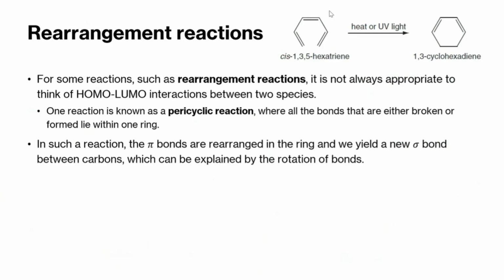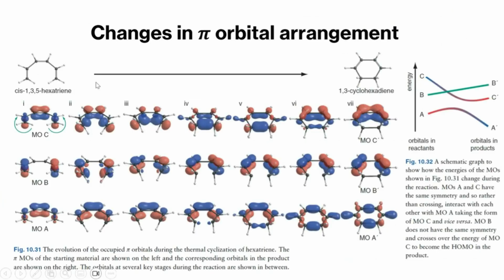Just to show you what I mean by the rotation of bonds, right here are changes in pi orbital arrangement. We have MOC, MOB, and MOA, which are various molecular orbitals on this molecule known as cis-1,3,5-hexatriene. These should remind you of pi conjugated systems.